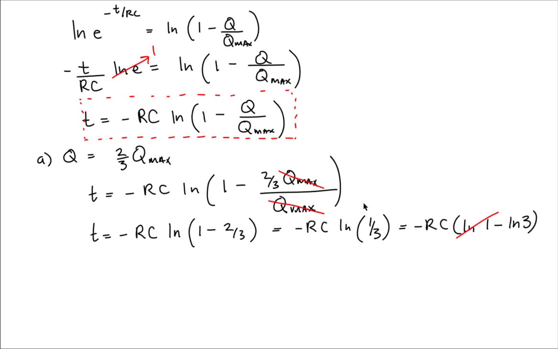The natural log of 1 is just 0. We have a minus times a minus left over, that's a plus. So the time is equal to RC times the natural log of 3. What this says is that the time to reach 2/3 of full capacity will be just a little bit over the time constant.